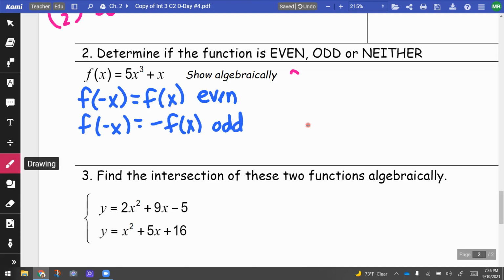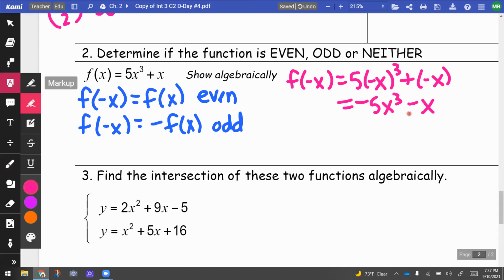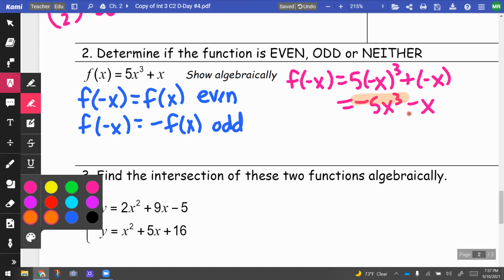So let's see. I'm going to do f of negative x equals 5 times negative x to the third plus a negative x. And I want to see what happens. And so anytime I take a negative to an odd, I'm going to get a negative. So it's going to be a negative 5x cubed. And then here, this is going to become a negative x. And so I want to look at this compared to this.